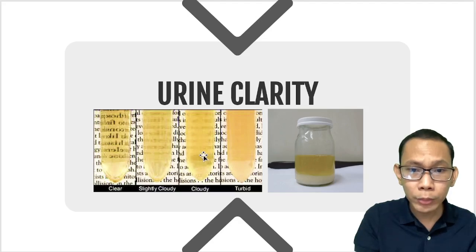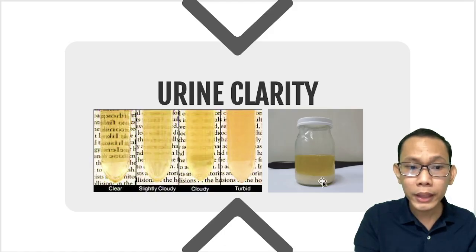It already started to blur yung mga print or letters sa ating newspaper. And then sa ating turbid, print cannot be seen through your urine. Tingnan nyo, yung mga letters na nasa likod, hindi na talaga siya mababasa. And this is already an example of your milky or precipitated or your clotted na urine sample.